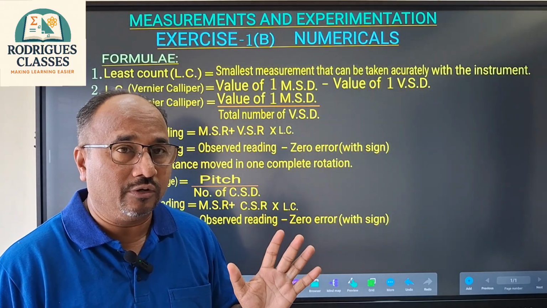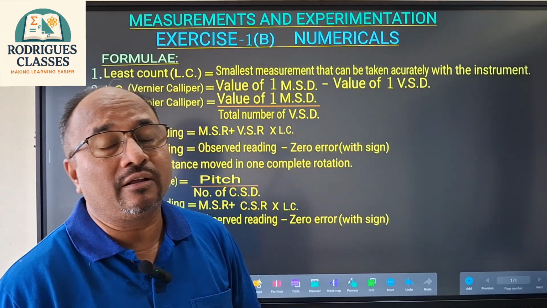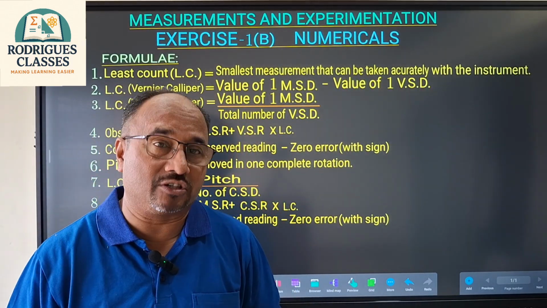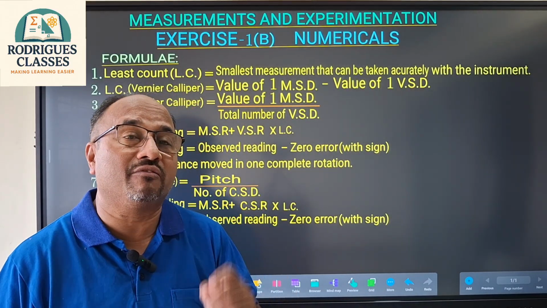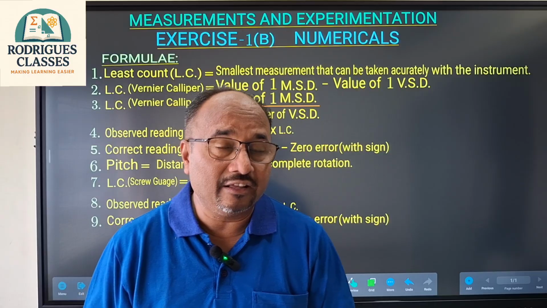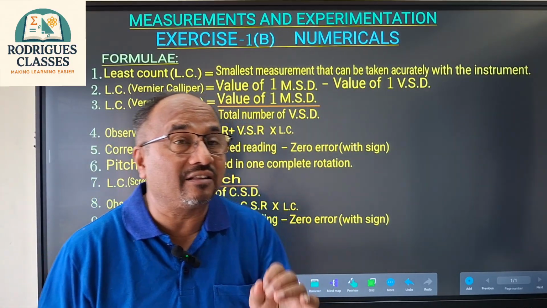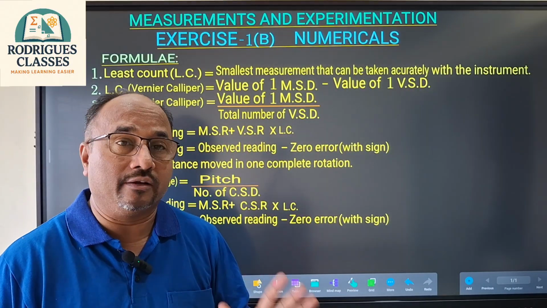Remember that you multiply that 2 with the least count to get the zero error value. Now if you are getting a negative zero error and the matching point is with the 7th division, and the total number of divisions on the Vernier is 10, you will have to do 10 minus 7. You get 3. That 3 you multiply with the least count to get the value of the zero error.